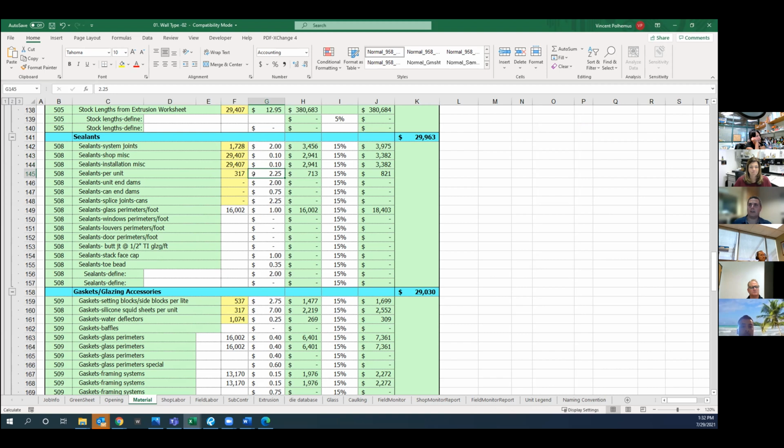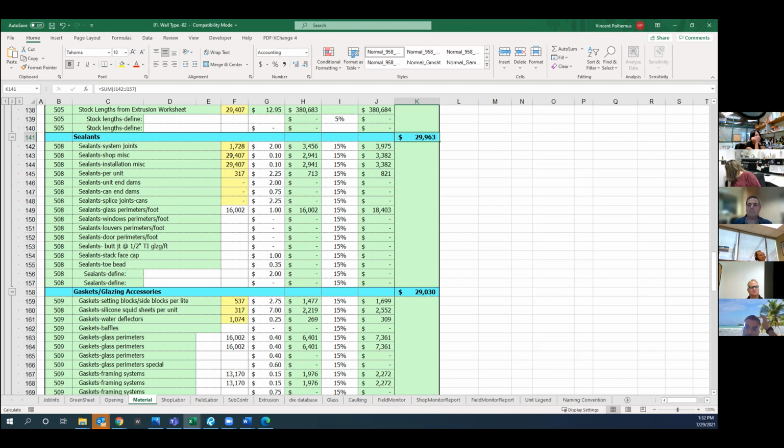There's always some extra miscellaneous per unit, so that's the total unit count that gets money there. And then the main thing on sealant is your glass perimeters. She took her glass perimeters from the glass tab, gave it an extra $1, and that's how we get the sealant budget. Again, unless you have something really weird going on, there's no need to do different than this, because this typically works.